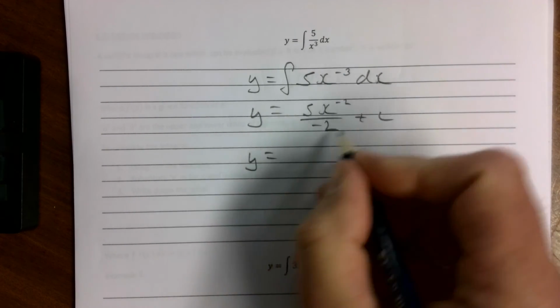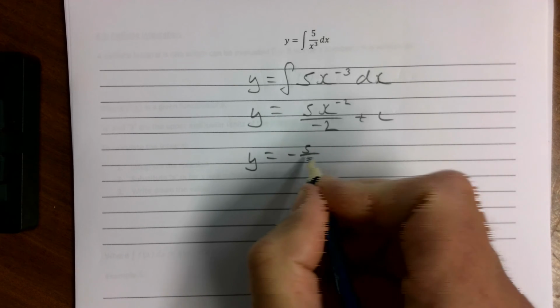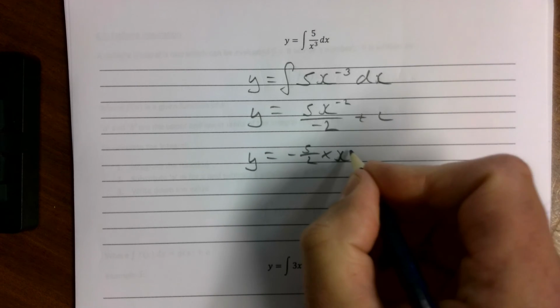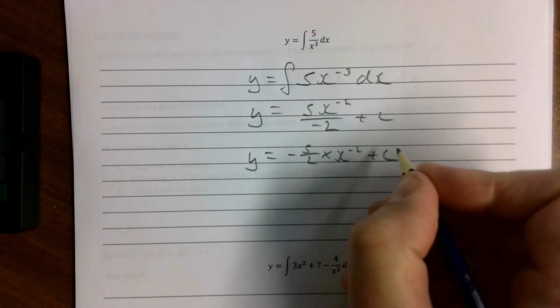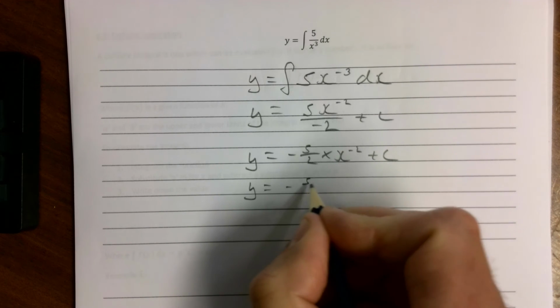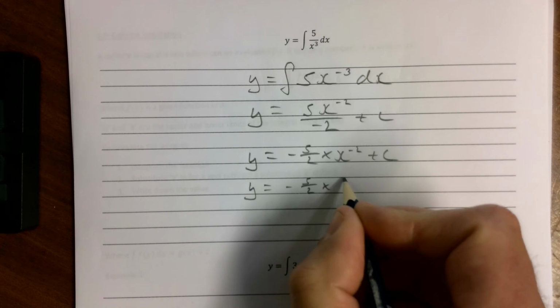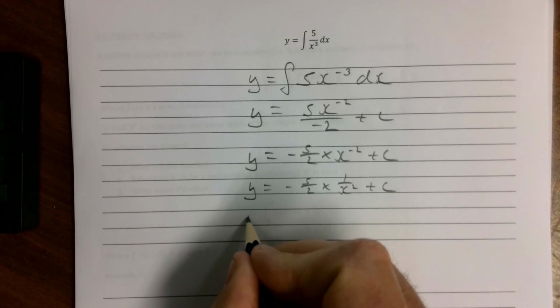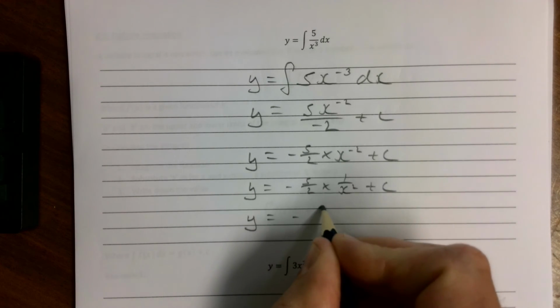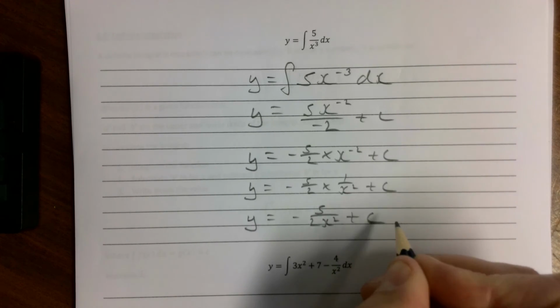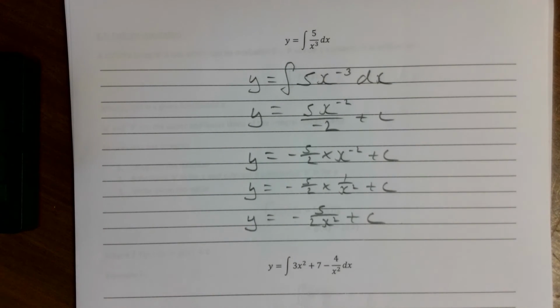If you want, we can have then minus 5 over 2 multiplied by x to the minus 2 plus c. That gives us minus 5 over 2 multiplied by 1 over x squared plus c. And minus 5 over 2x squared plus c.